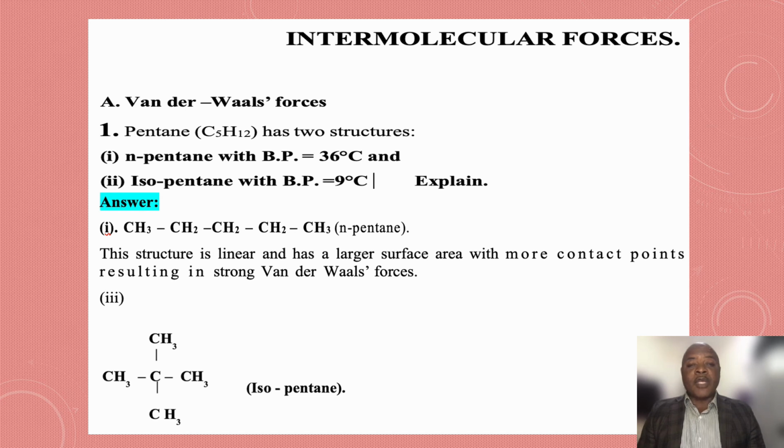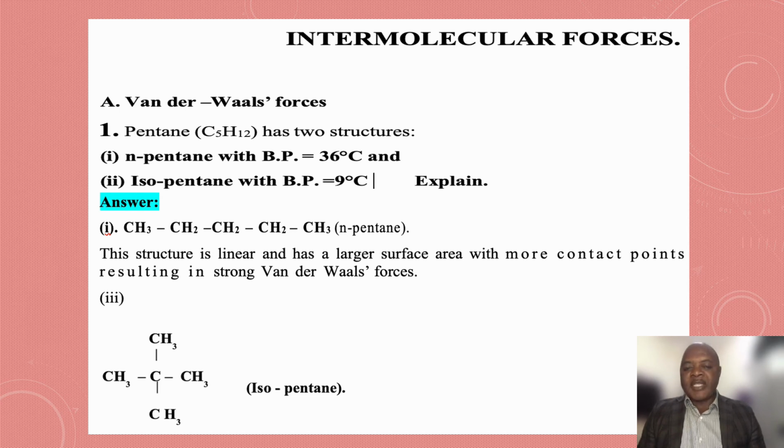You are given a question like this one. The first thing you need to know is what is N-pentane and what is isopentane. They are all isomers. The N-pentane is the normal pentane you see, which is CH3, CH2, CH2, CH2, CH3.